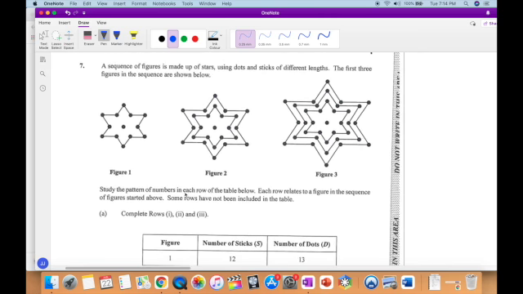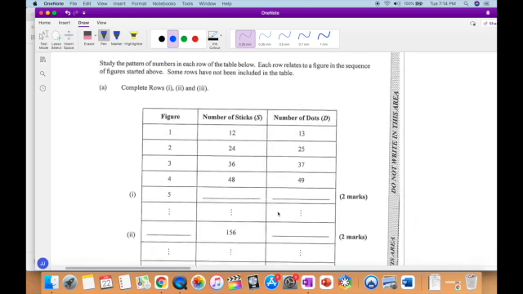Study the pattern of numbers in each row of the table below and show how each row relates to a figure in the sequence. Some rows have not been included in the table.